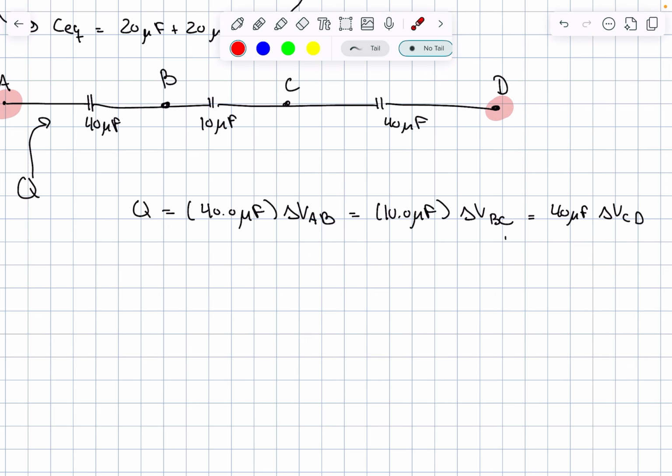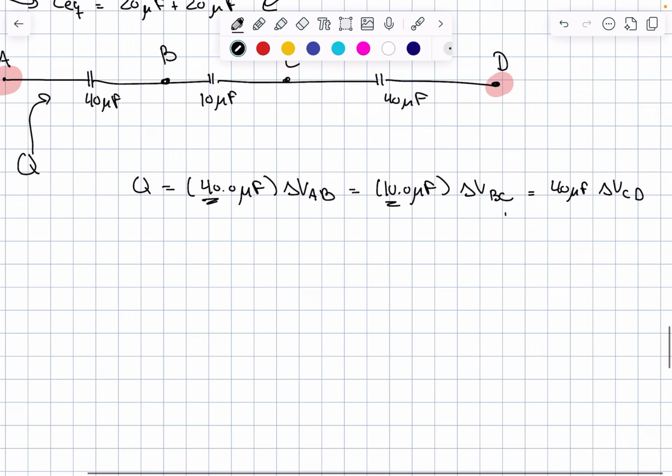Now, because we know that, we can rearrange some things. This is 40, 10, 40.